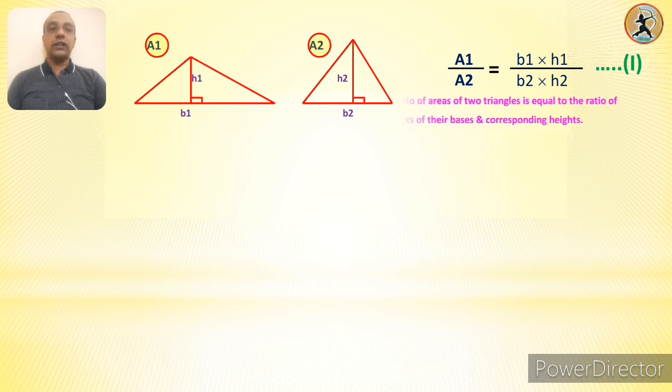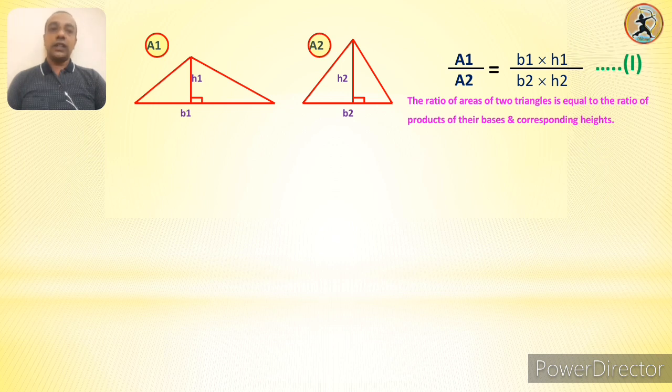So here we learn the first property regarding the ratio of areas of any two triangles having different bases and heights. This is one of the most important properties.